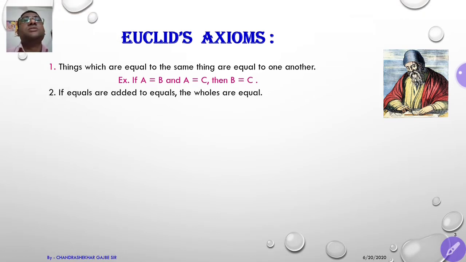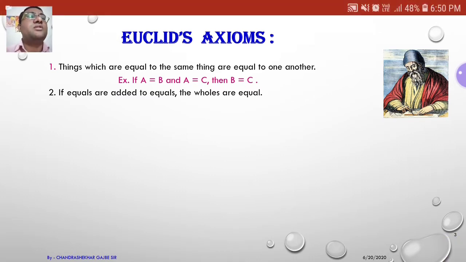Next axiom is: if equals are added to equals, the wholes are equal. When we take two equal things and add them to two other equal things, then we get equal results. So we are taking an example for that.